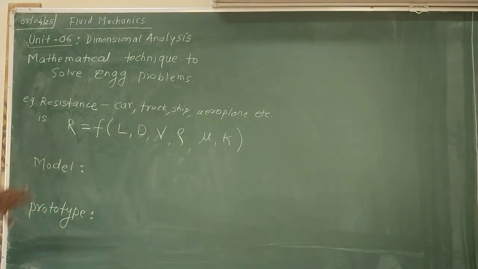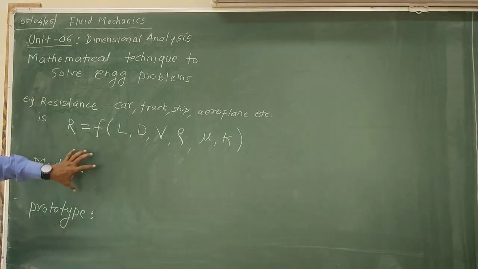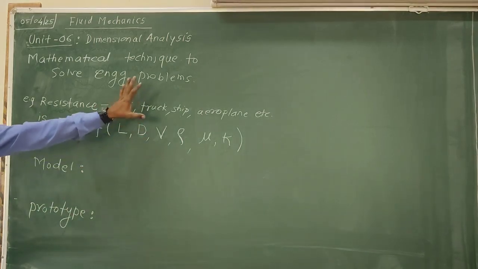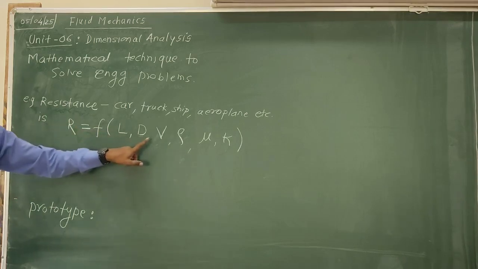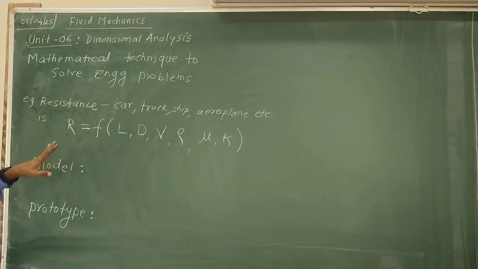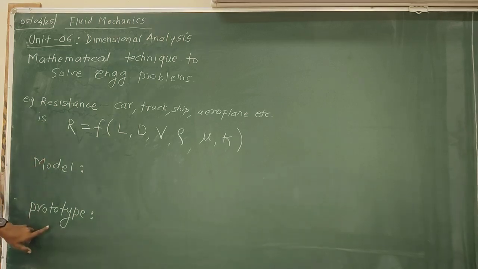Machine means whatever we are going to manufacture, before manufacturing its small version is prepared. Suppose aeroplane is to be tested. Then a small copy of the aeroplane, that is called as model, that is manufactured and that is tested for the speed, for the resistance, so many terms. Okay, but its actual size, that product is called as prototype.